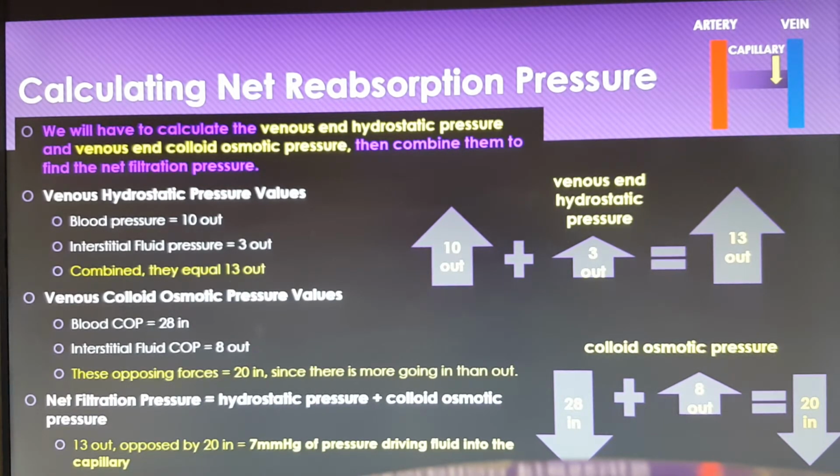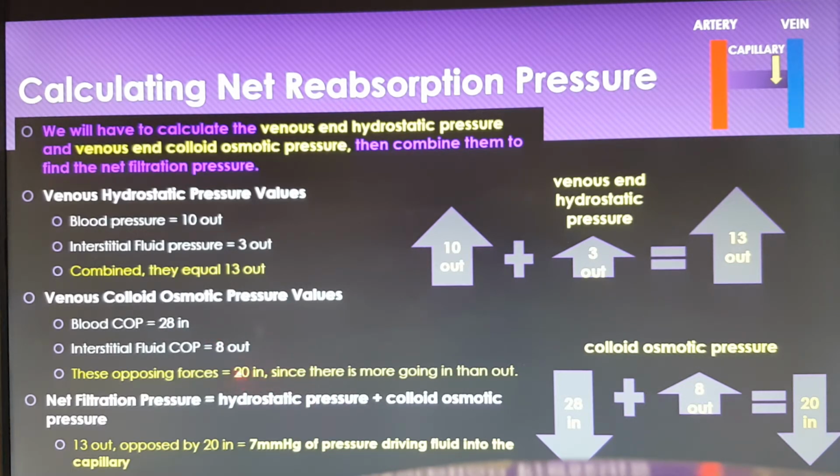For your colloid osmotic pressure, again, these numbers didn't change, so your 28 in draw from your plasma in your blood, and your 8 out draw from your interstitial fluid into the extracellular space. These still oppose each other, so you end up with 20 in, since 28 in is the bigger number.